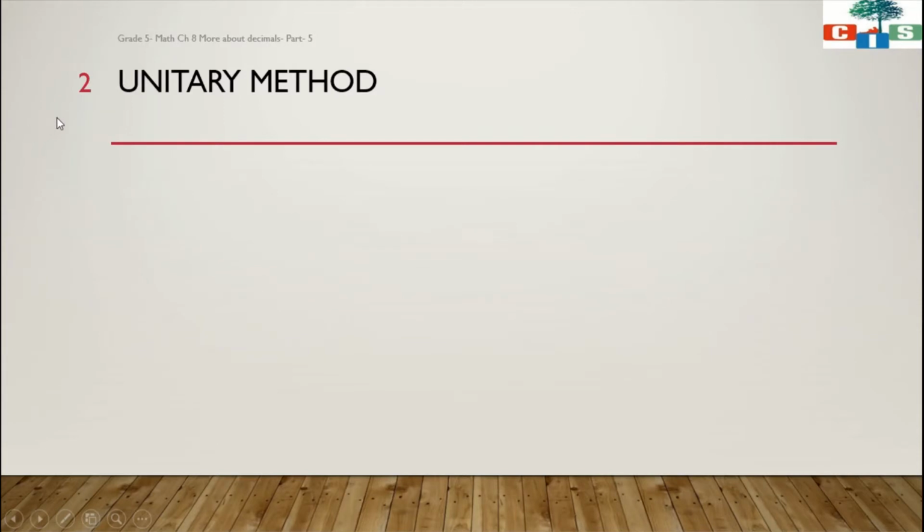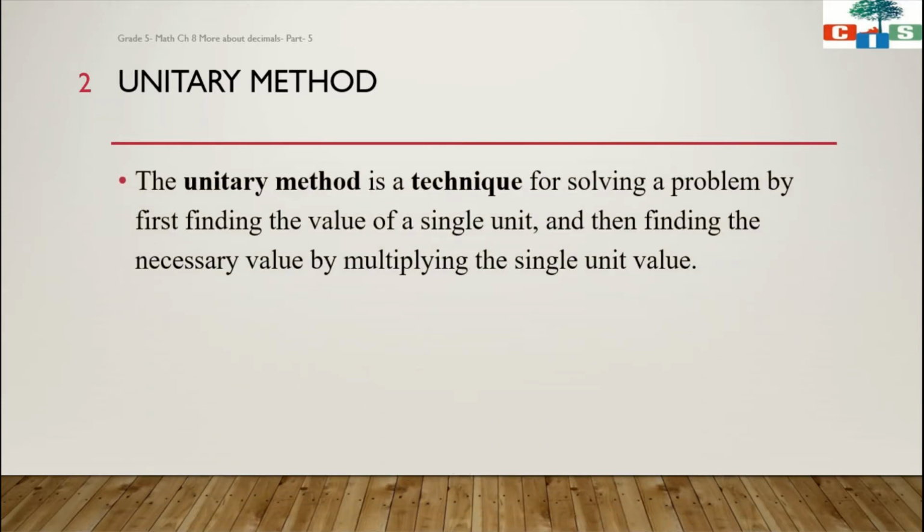So scholars, the word unitary itself says that first of all we have to find the value of a unit. A unit means 1, okay? And then we have to find the value of multiples from a unit. Let's see how it works. First of all, we will see the proper definition and then we will see examples from our exercise 8.3.